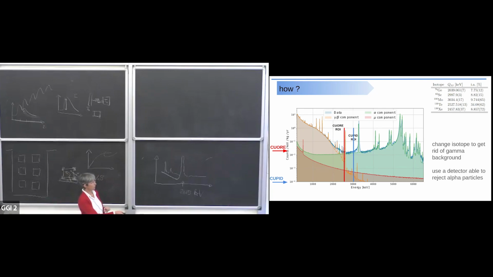Then we have an important source of background that is there also in that region. It's the green one, which is due to the alpha component. And there the strategy is to be able to identify alpha particles and reject them.